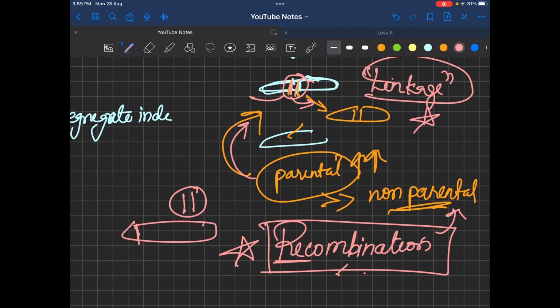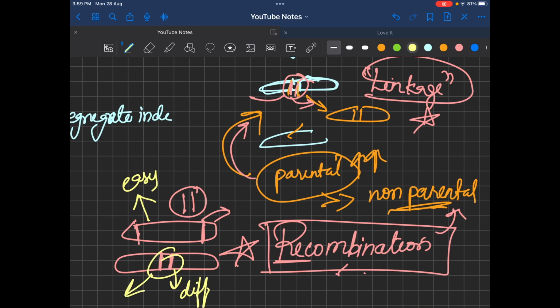Let's say here one gene is there, here one gene is there, and in the next chromosome here one gene and here one gene, then it will be easier for these genes to recombine, right? Here it will be easy to recombine, here it will be difficult because these both are strongly linked together. So here there will be more non-parental, here there will be less non-parental and more parental.